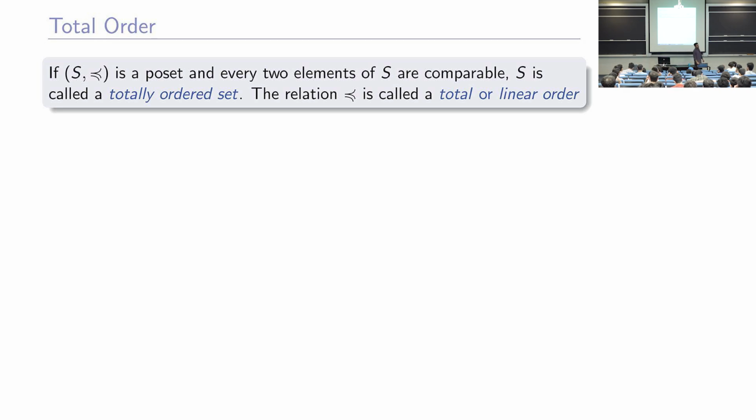If every pair is comparable, then we call it a total order. In the partial order we saw earlier, we found at least one pair which is not comparable. But if everything is comparable, then we say it is a total order.